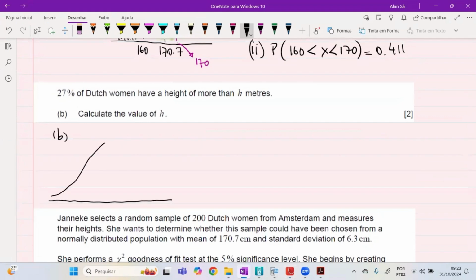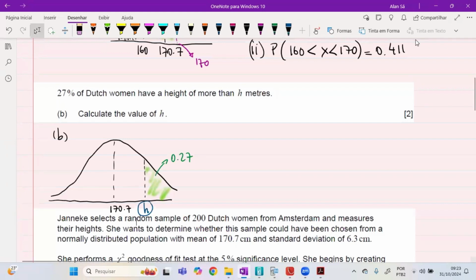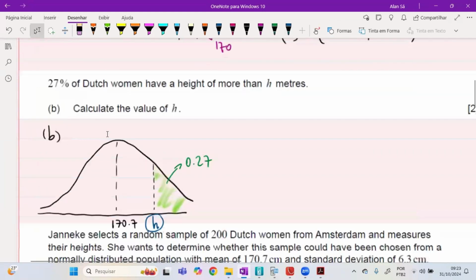We have the normal distribution curve with a mean of 170.7. 27% have a height of more, so let's just estimate that this area here is 0.27. We want to know what is this value, h, for which the area is 0.27.